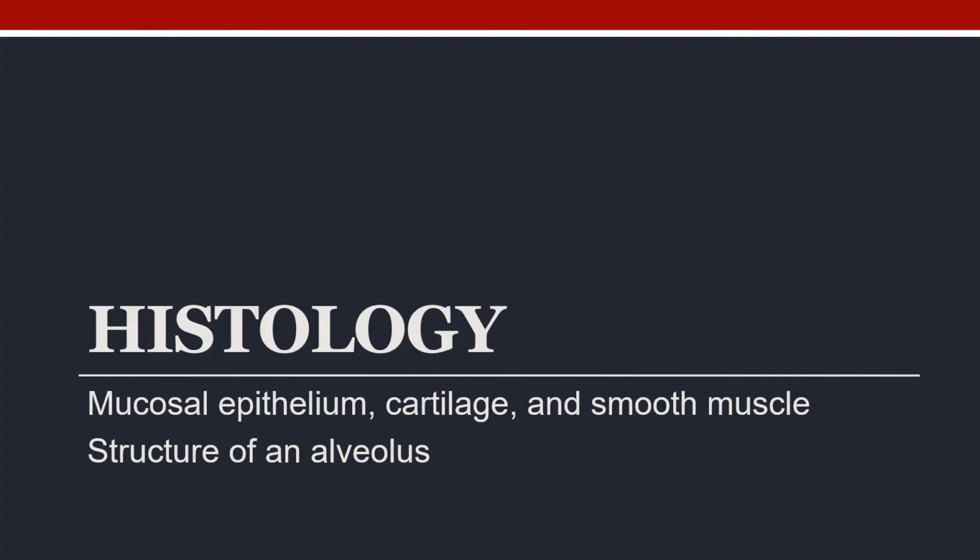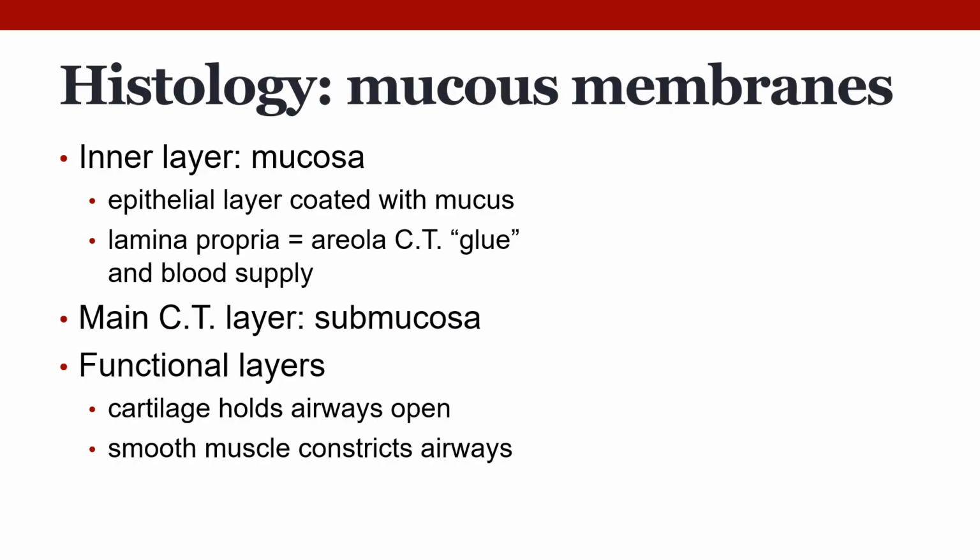Now we shift gears and talk about the histology of the airways. We're going to find that, as with all of our hollow organs, the histology of the airway is sorted into layers.